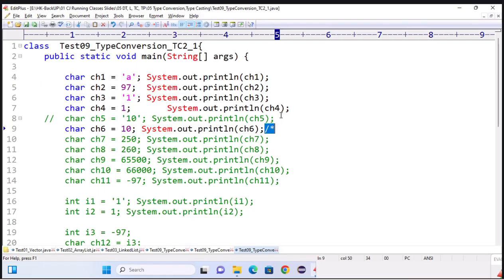Next, 250, 260. 250 is there, 260 number is not there. So what will we get? Question mark. Let me also take 65,000.